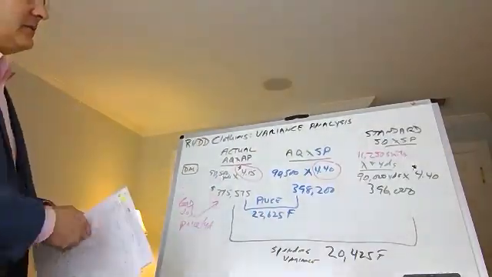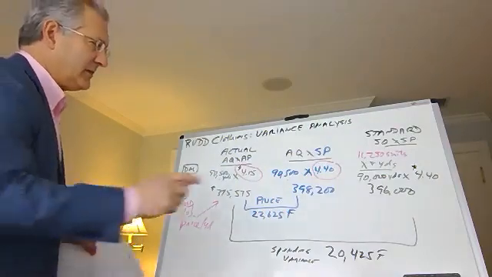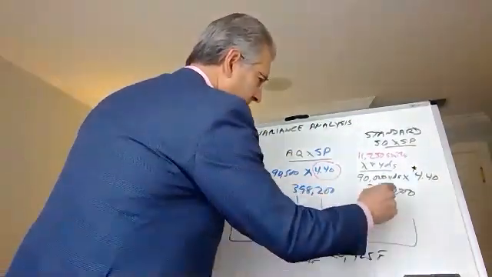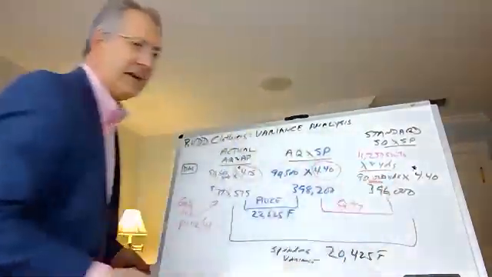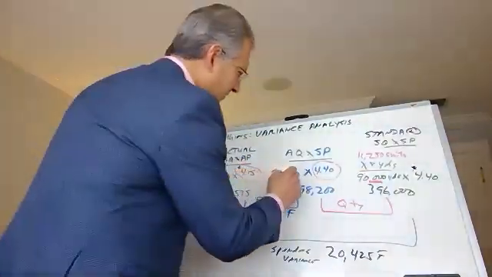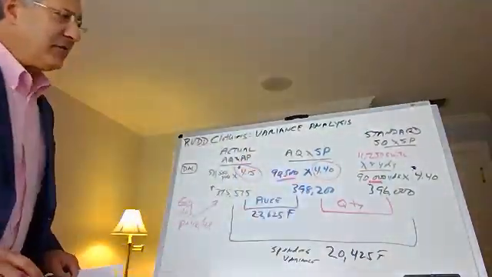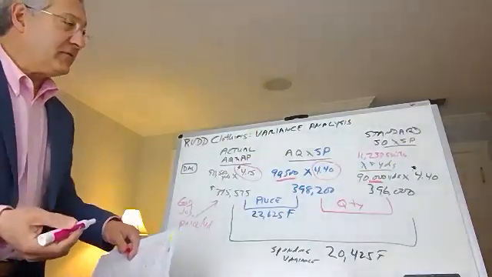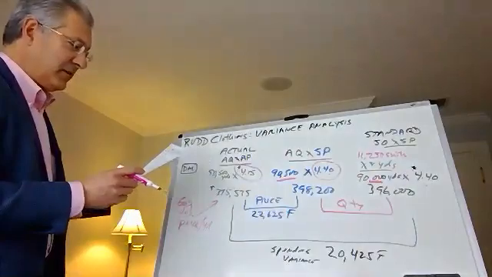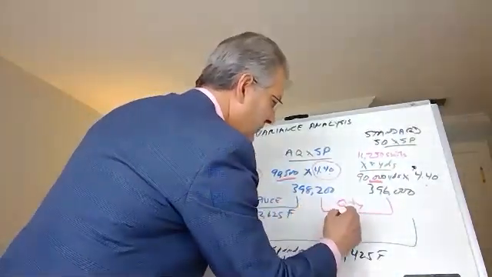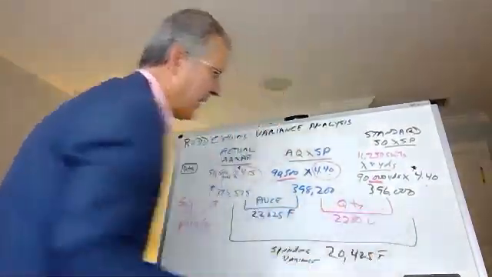Let's look over here. Let's look at our quantity variance. Difference between these two. It's a quantity variance. They should have used 90,000 yards. They actually used 90,500 yards. They used 500 yards too much at $4.40 per yard. This is a $2,200 what?